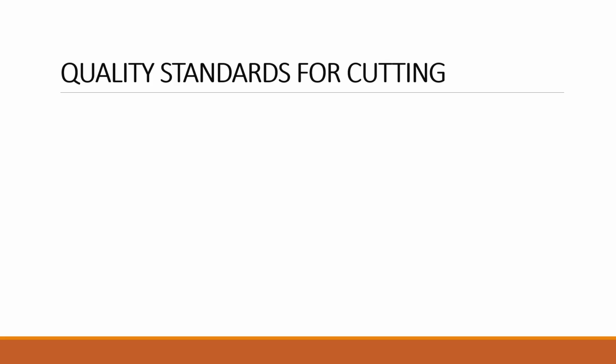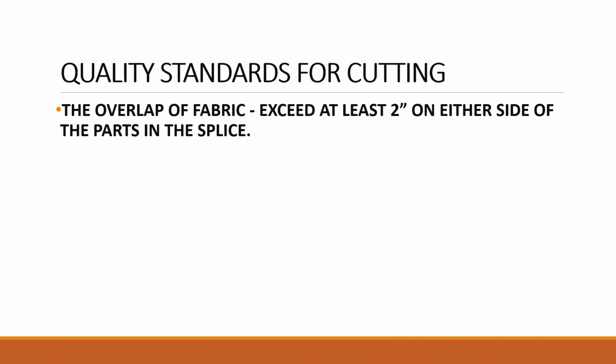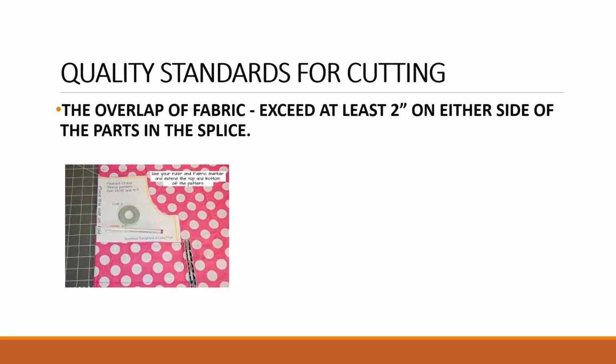Now, when you are talking about the quality standards for cutting, the overlap of the fabric, if it is there, should exceed at least 2 inch on either side of the splice. That is also one of the standards in cutting, the overlapping of fabric. So there is a tolerance of 2 inch on either side of the splice.